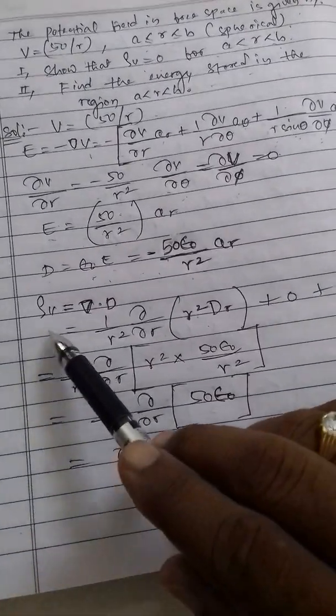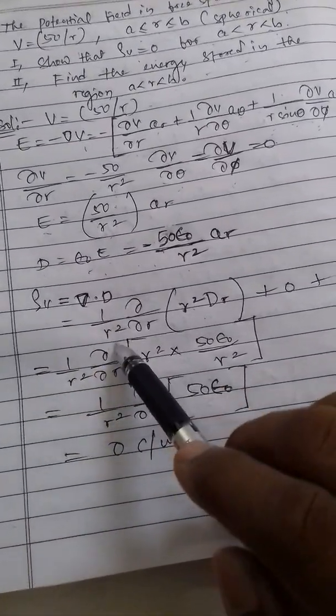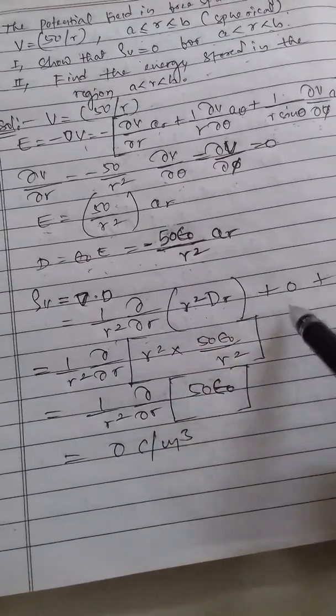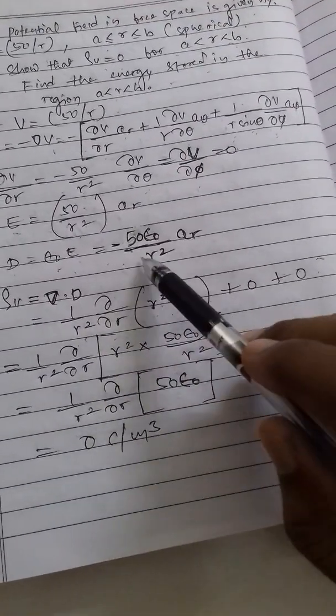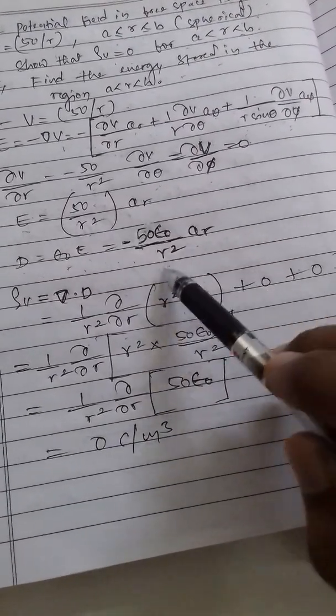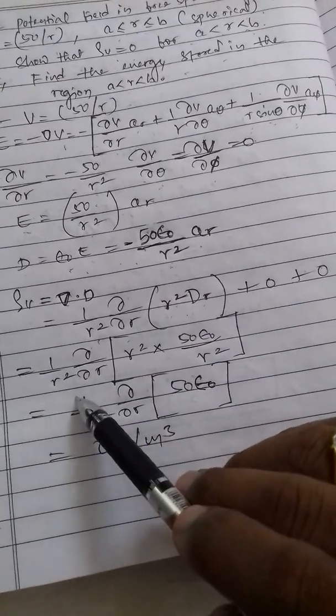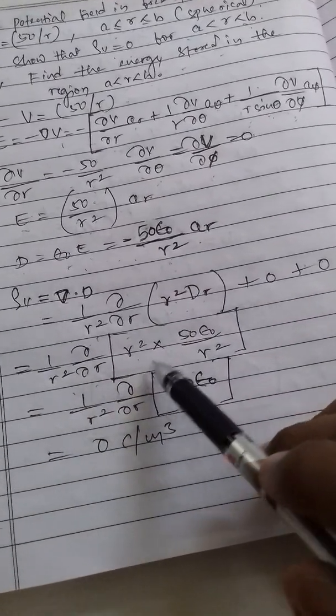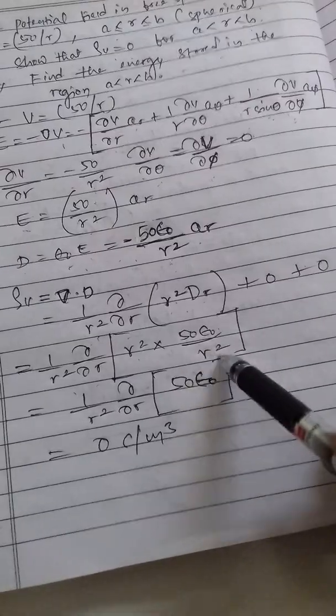Now rho v is equal to del dot D, which is equal to 1 upon r square dou by dou r of r square D_r. Because there are only variations in the radial direction, it is 1 by r square dou by dou r of r square into minus 50 epsilon naught by r square.